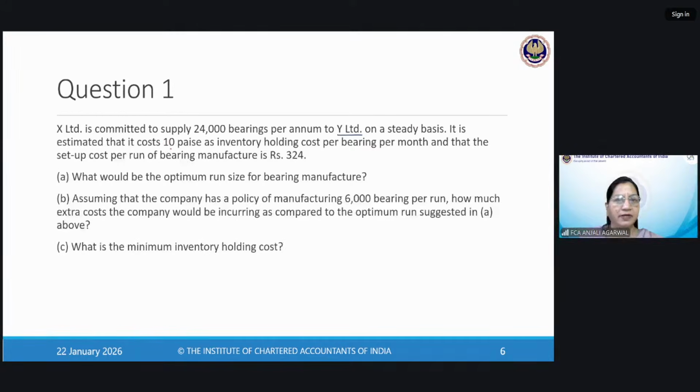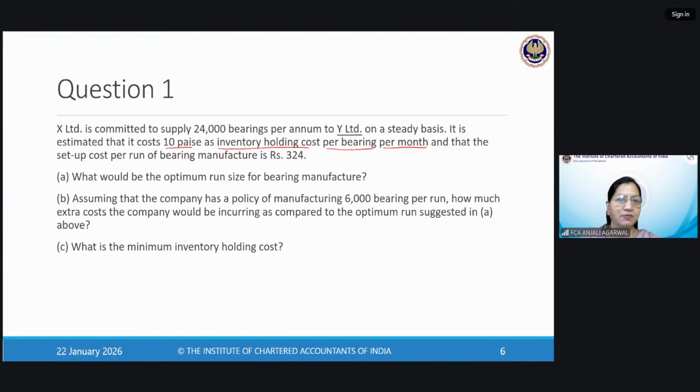It is estimated that it will cost 10 paisa as inventory holding cost per bearing per month. So if you hold one bearing, it's going to cost you 10 paisa per month. Holding cost or carrying cost.